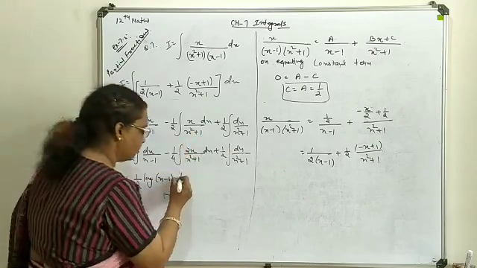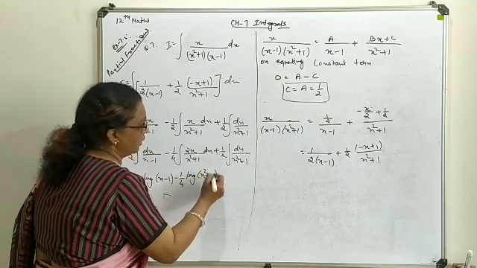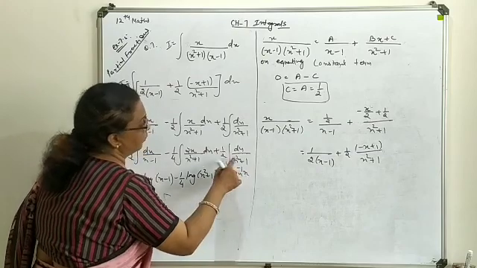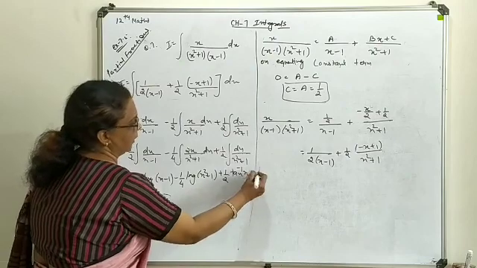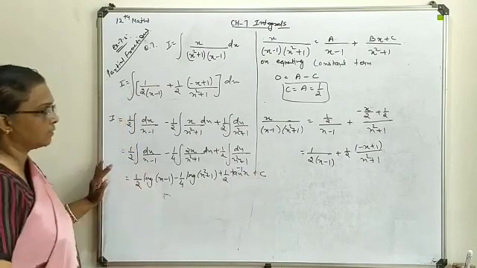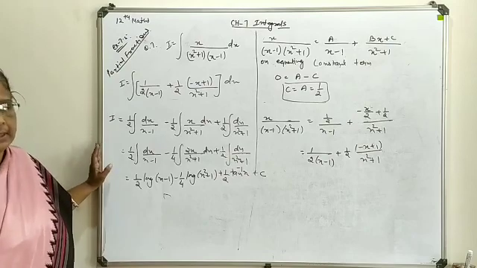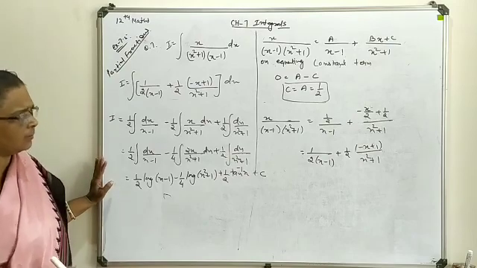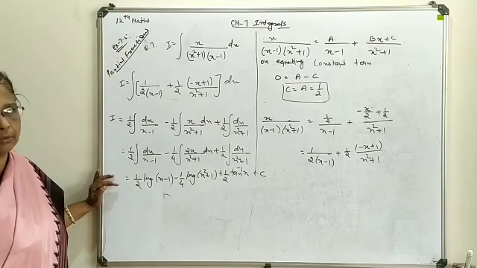So directly you will write it as log of x square plus 1, whereas the last one gave you tan inverse x. 1 upon a is 1, so no need to write anything more, and this is the required constant value. So this way such type of questions are to be handled. This type of questions are quite bulky, but with some patience if you handle, easily you will manage all the cases.